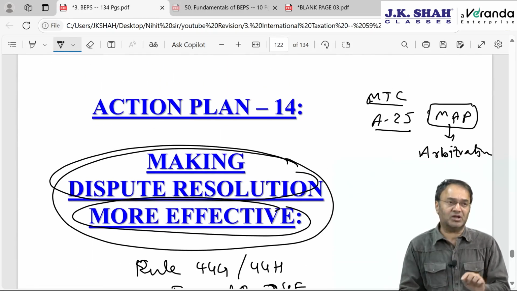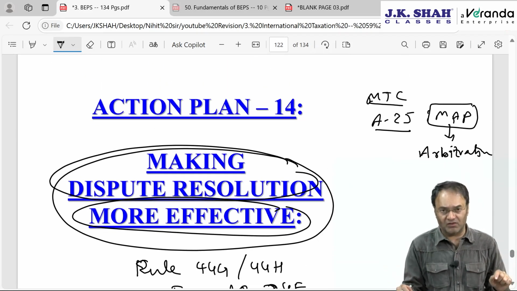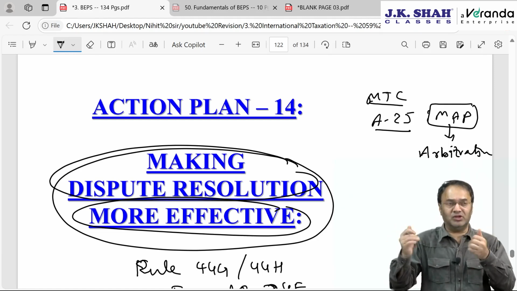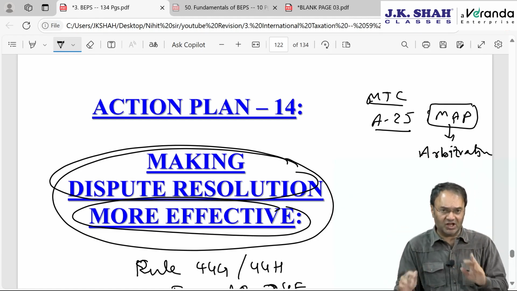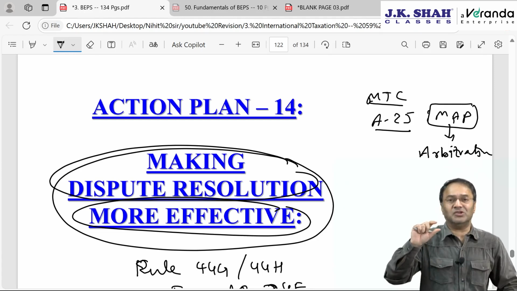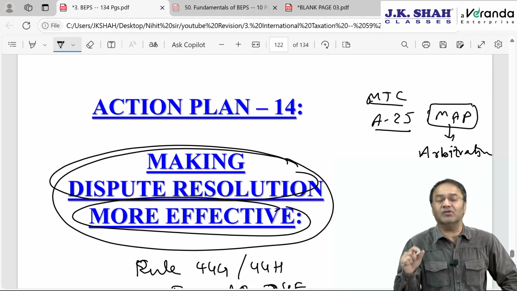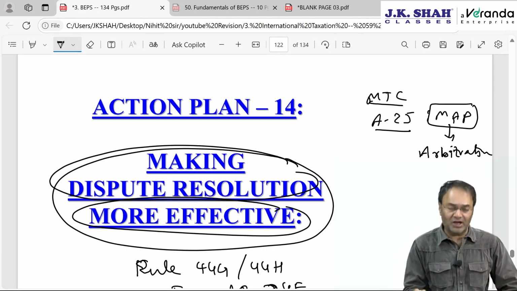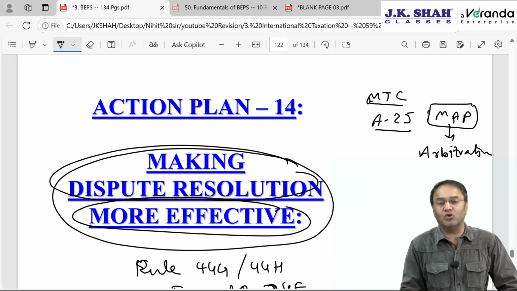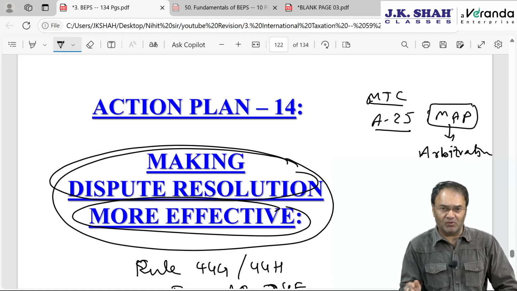This will maintain transparency, and plus OECD recommended one more thing, that all governments inform their residents about the facility available. Plus there should be somebody to keep a watch whether a given country is providing a dispute resolution mechanism and doing it effectively or not. For that, who will keep a watch? Can Pakistan keep a watch on India?